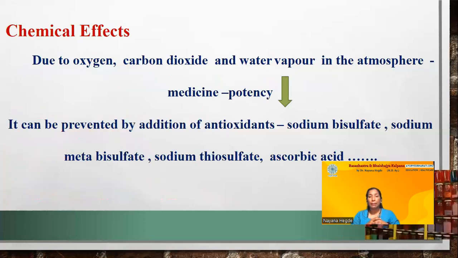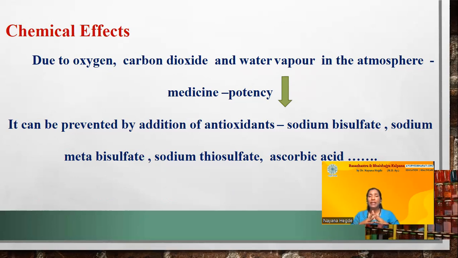Next is chemical effect. Chemical effect happens due to oxygen, carbon dioxide, and the water vapor in the atmosphere. The formulation will absorb the oxygen, carbon dioxide, and the moisture from nature, and the medicine starts to lose its potency.